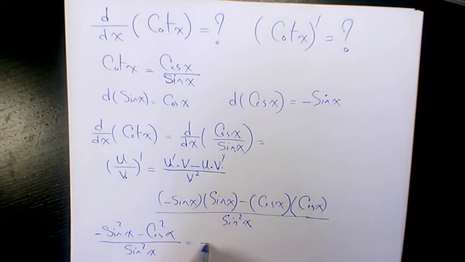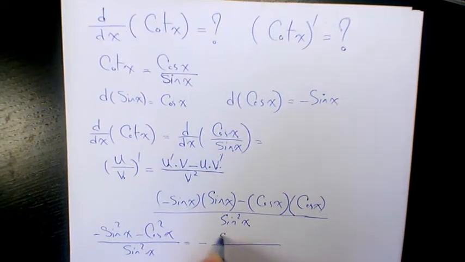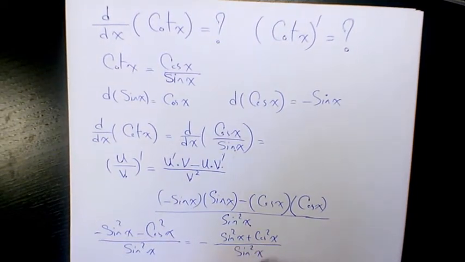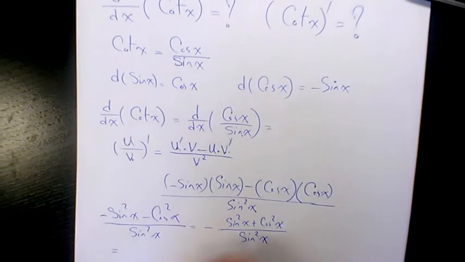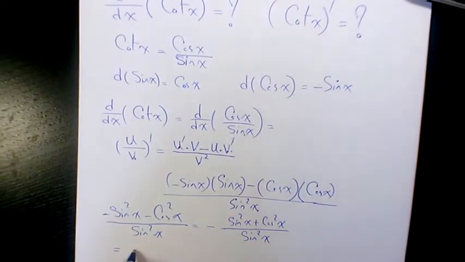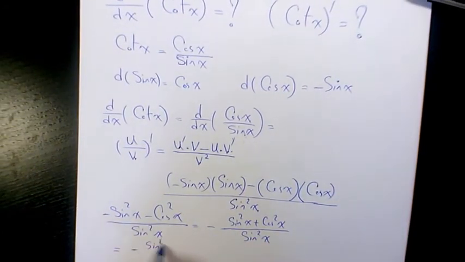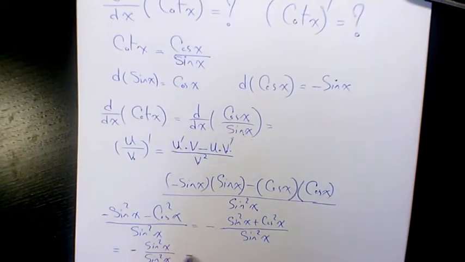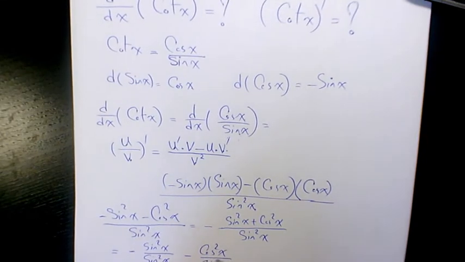We can factor out the negative. It's going to be negative, sine squared x plus cosine squared x over sine squared x. When you separate them, it's going to be negative sine squared x over sine squared x minus cosine squared x over sine squared x.